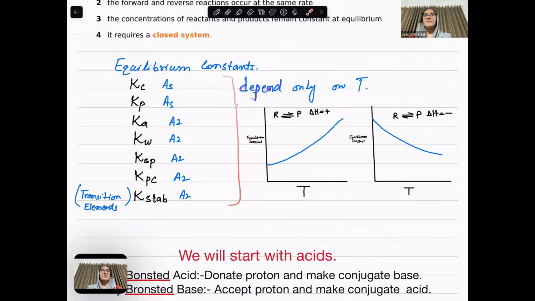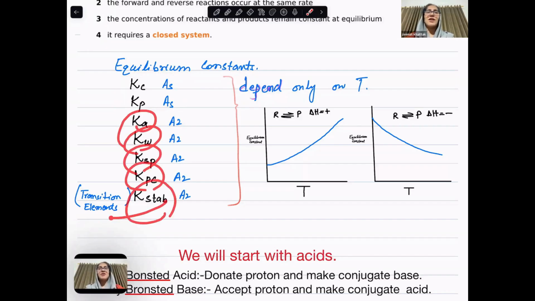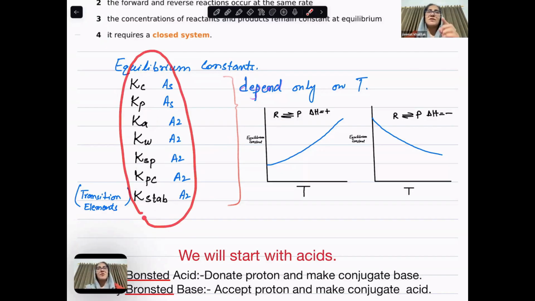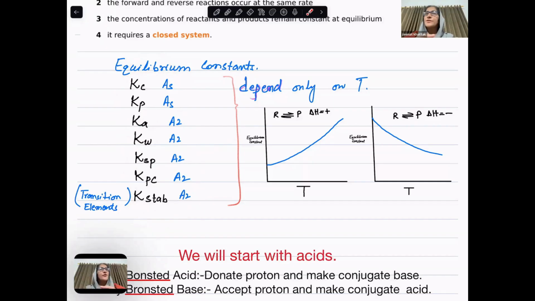Now, equilibrium constants. Kc and Kp we have done in AS. And now K2, Ka, Kw, Ksp, Kpc, and K stability that you study in transition elements, these are equilibrium constants in A2. The basic concept of all the equilibrium constants is the same, only the type of change differs.